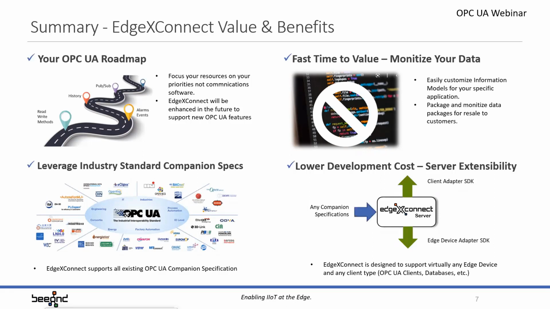EdgeX is very extensible. We showed you some of its extensibility with adapters connecting to a couple of different data sources, and how it can model things. But it also has adaptability on the north side, a client adapter capability.